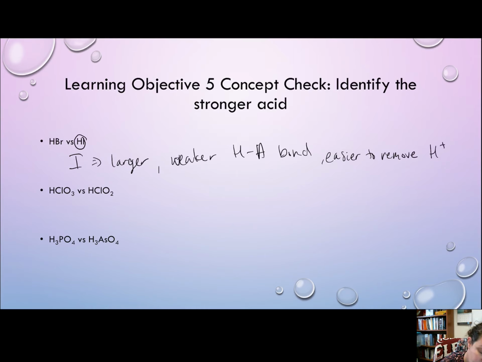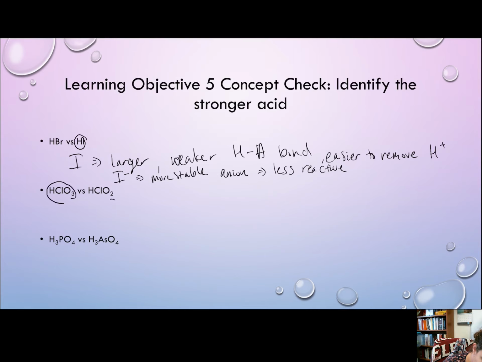Okay. Additionally, I- is a more stable anion, which means less reactive, so less basic.